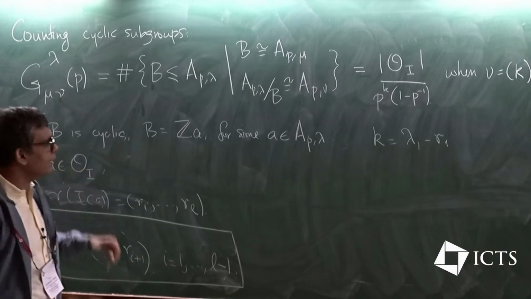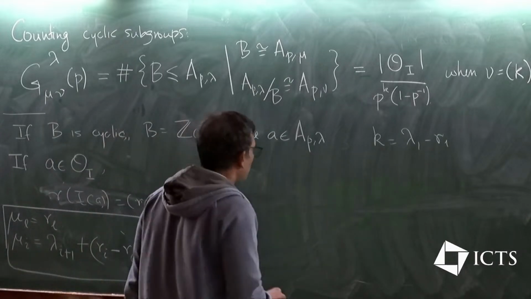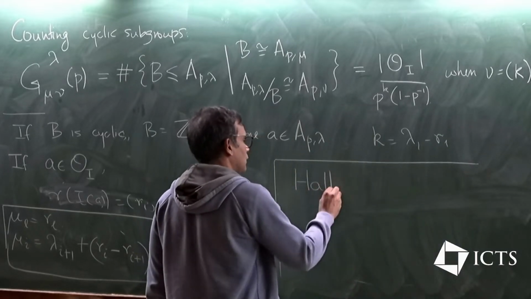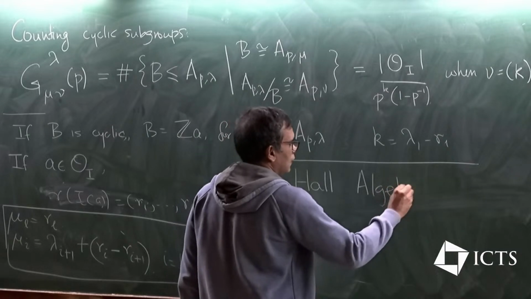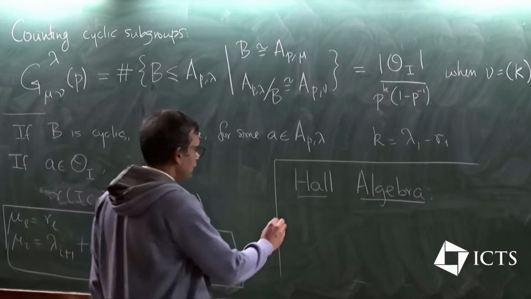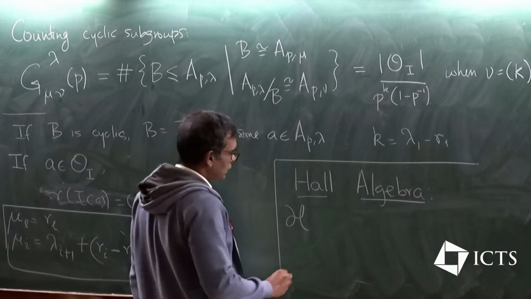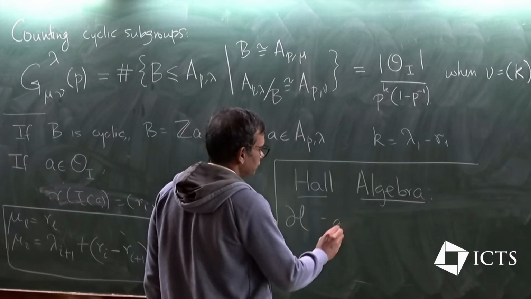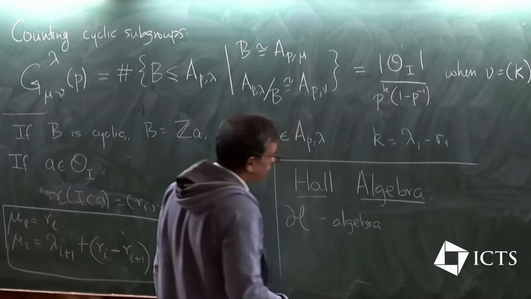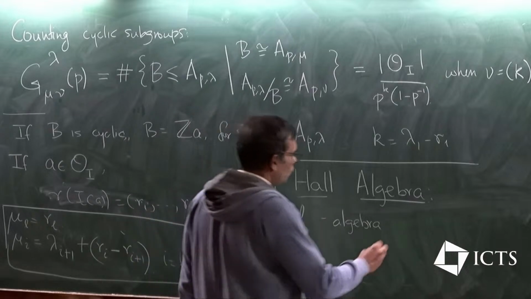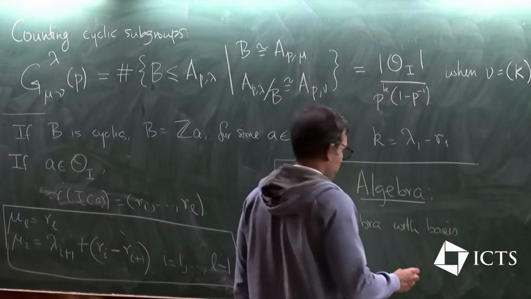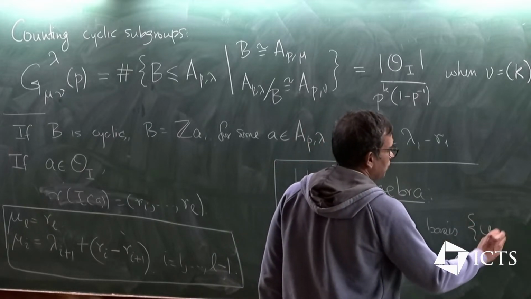Now, a very convenient tool to deal with this problem in general is the Hall algebra. The definition is very simple. It's an algebra, defined by structure constants. For now, you could just think of it as a C algebra, or a Q algebra, with basis indexed by integer partitions.